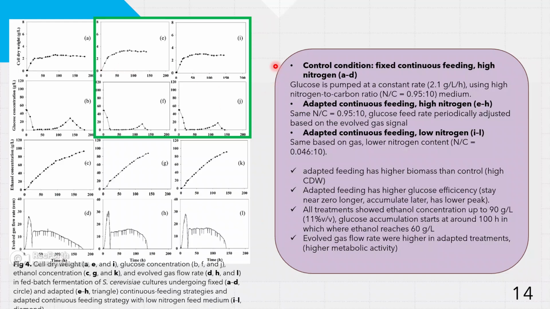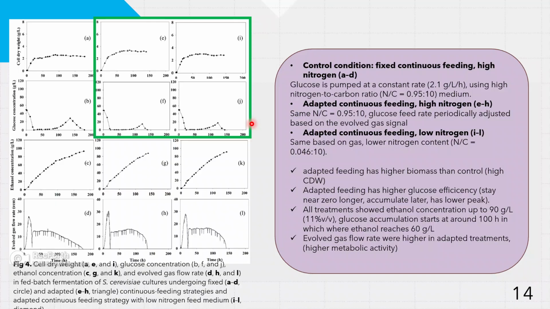Okay, so let's see the cell dry weight, as shown here. Adapted feeding has higher biomass than the control, which shows a higher concentration here. The adapted feeding also has higher glucose efficiency, which shows here: it stays near zero and accumulates later here, and has a lower peak.